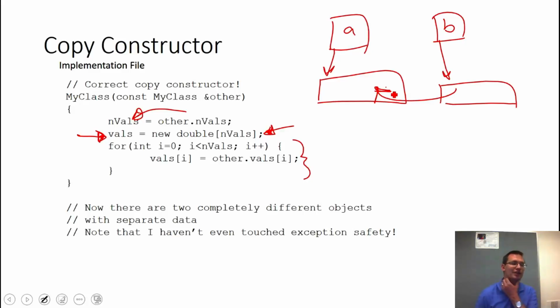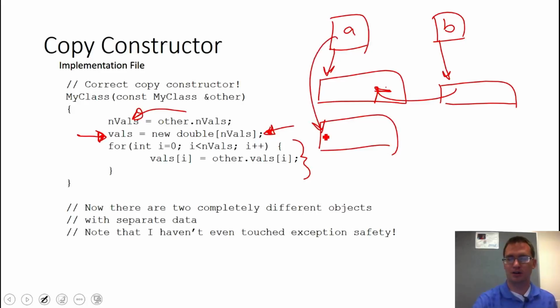Now, I will say this, for the sake of brevity, I didn't put a few things in here. First off, we have to do a check for if vals actually exists, if it's already pointing to something. So if vals is already pointing here, we can't just allocate this and make it point there, because now we've leaked this memory.